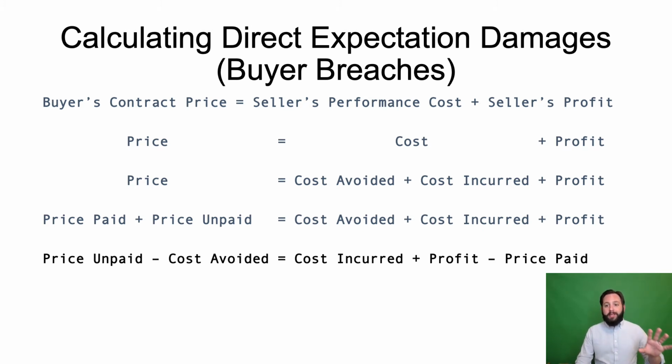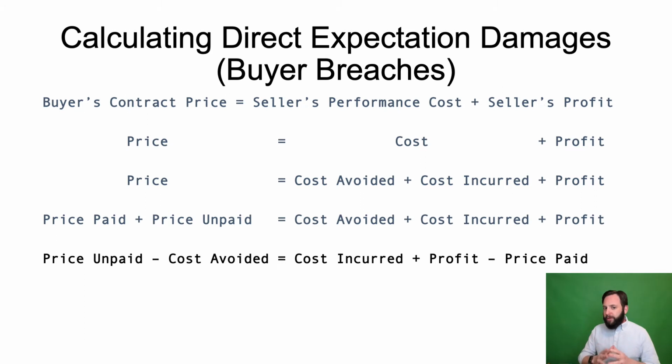And what exactly does this tell us about expectations? So pause here, take a minute and think about this one. We have an equation that we've derived that we know has to equal: the contract price that's not yet paid minus the cost that the seller has not yet incurred equals the cost that the seller has incurred plus the seller's profit minus the price that has been paid.